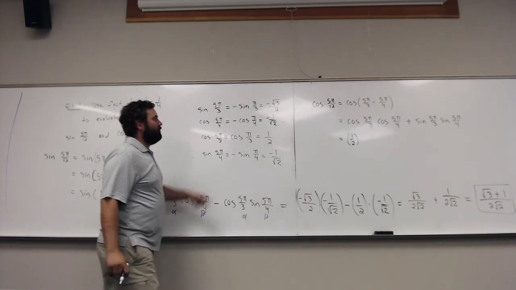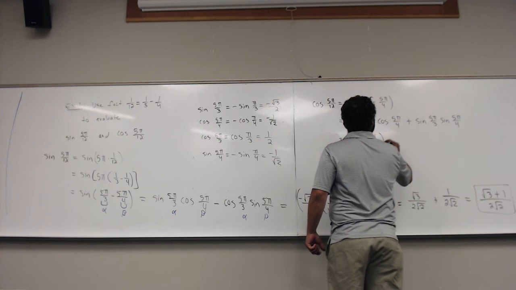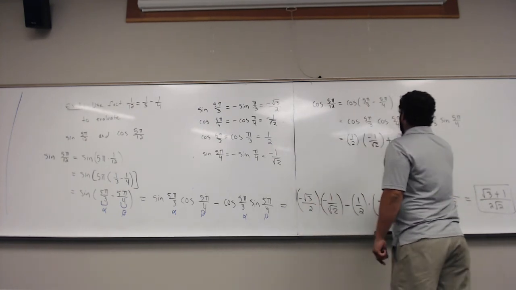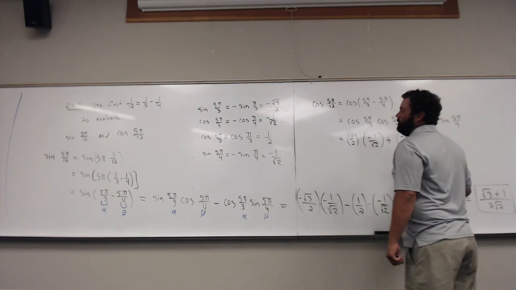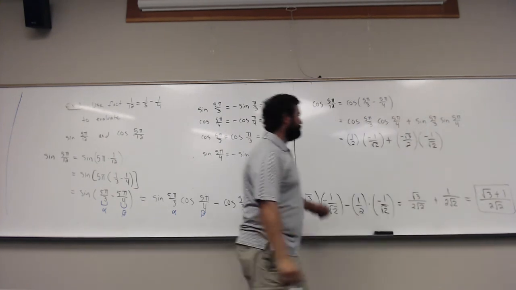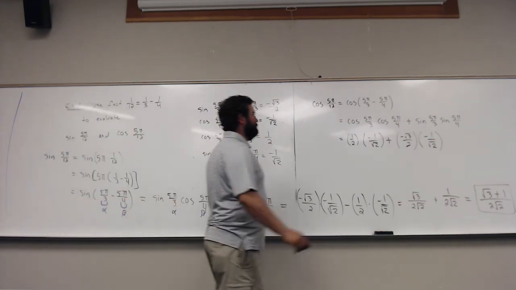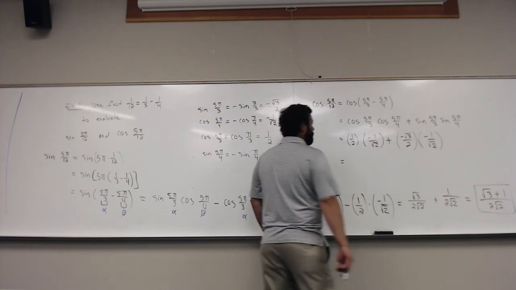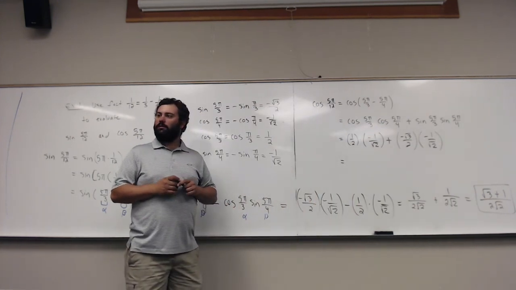Cosine 5 pi over 4 was minus 1 over root 2, plus the sine of 5 pi over 3, which was minus root 3 over 2, times sine of 5 pi over 4, which was minus 1 over root 2.